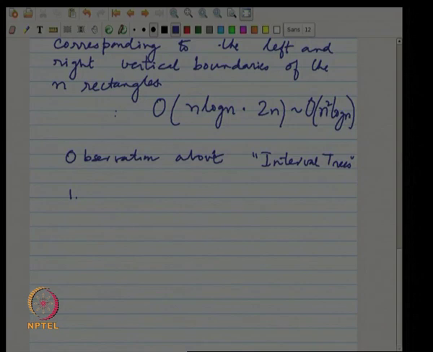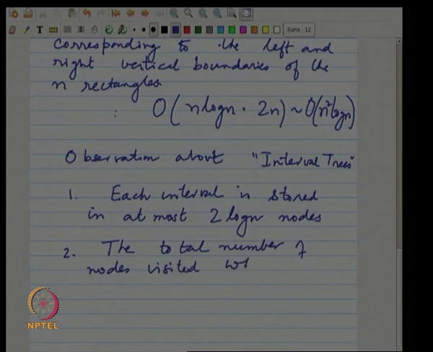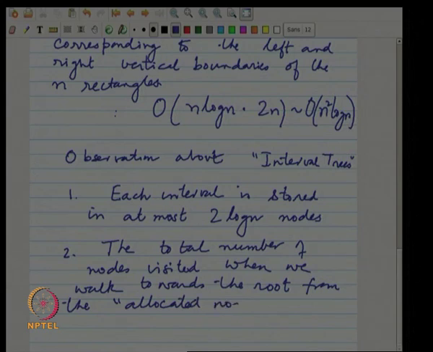One, each interval is stored in at most 2 log n nodes, and two, the total number of nodes visited when we walk towards the root from the allocated nodes is again less than 2 log n.